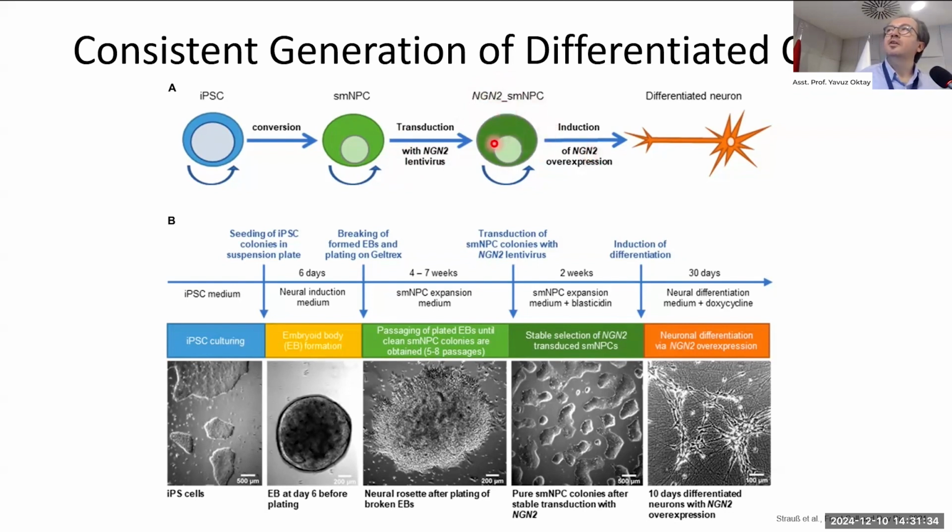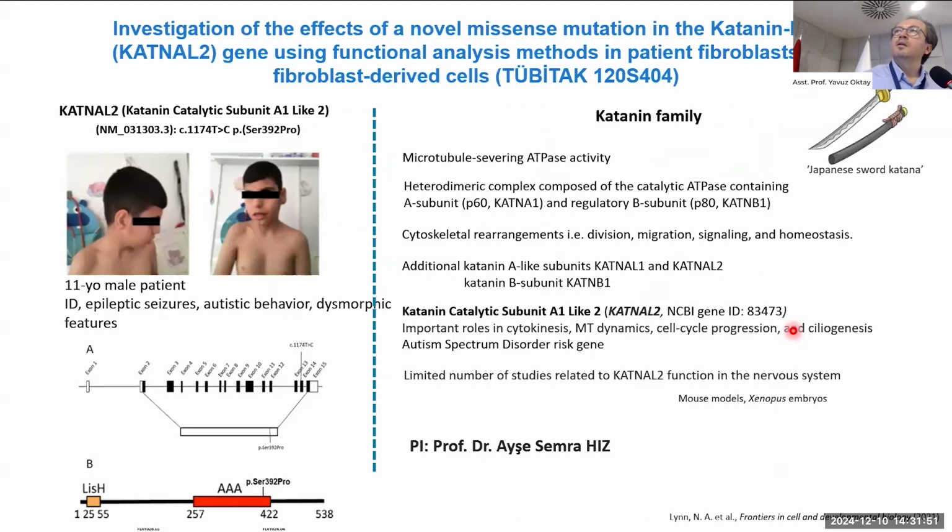Then you will have, at the end, neural cells that are a lot more homogeneous. This shows the main steps, but I'll mention these when I describe our own study, so I'm going to skip here.